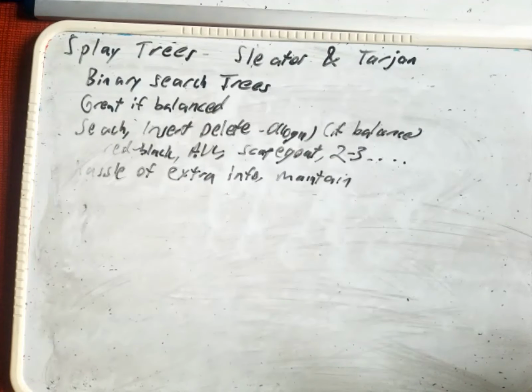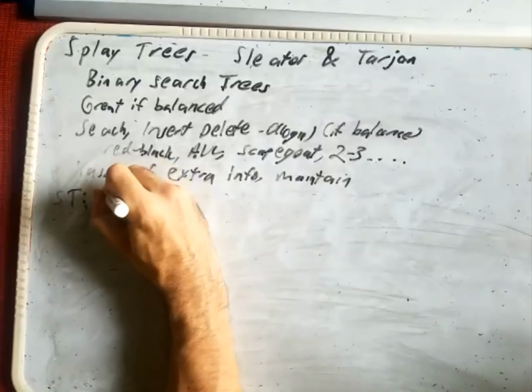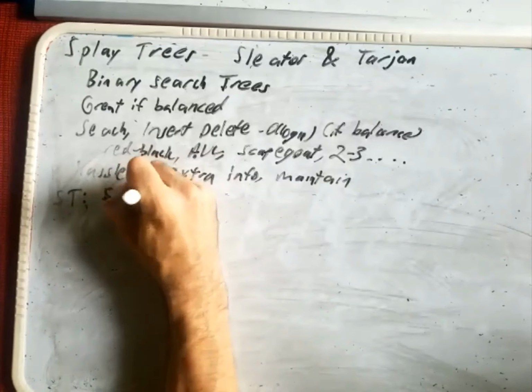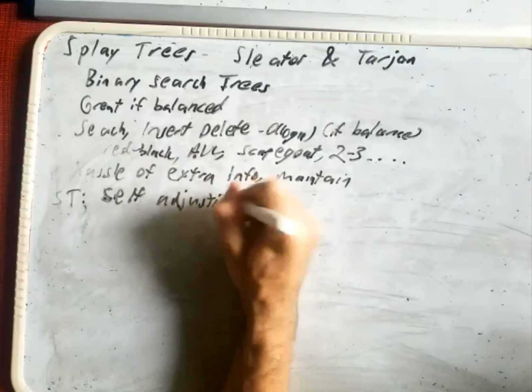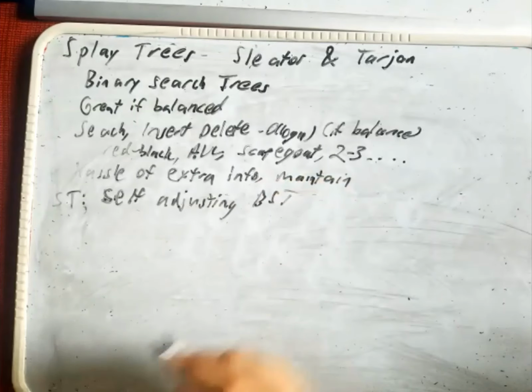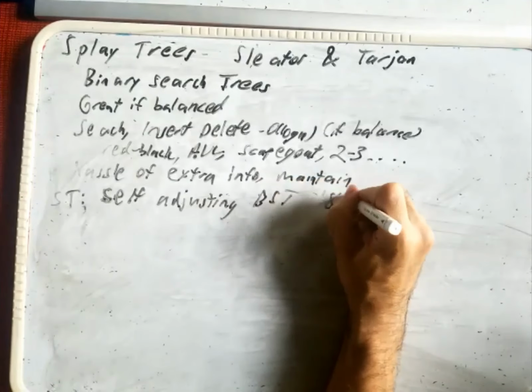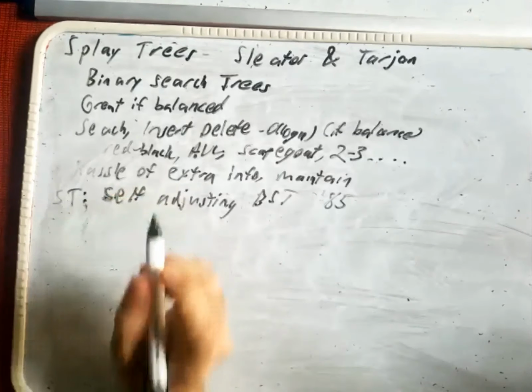So Sleator and Tarjan developed what they call self-adjusting binary search trees. And this is from 1985. And I mean, Fibonacci heaps are a pretty cool data structure, but self-adjusting binary search trees are absolutely astounding. They're probably one of the coolest data structures ever discovered.